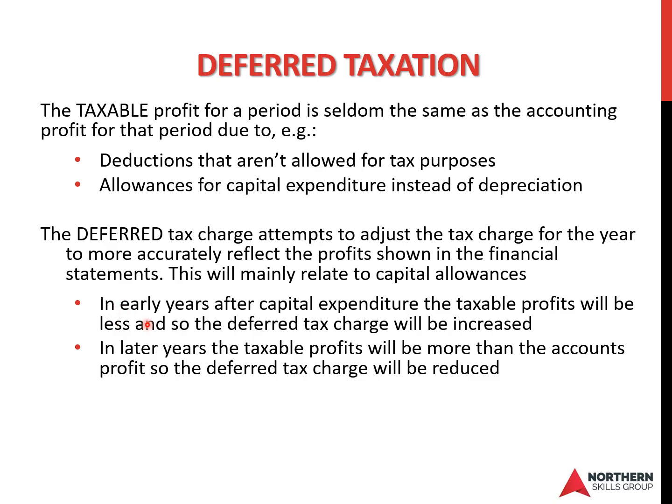So in the early years there will be a deferred tax charge put through to the profit and loss account. In later years that deferred tax charge will gradually be reduced when the taxable profits are greater than the accounts profit. So that's basically what deferred tax is all about.